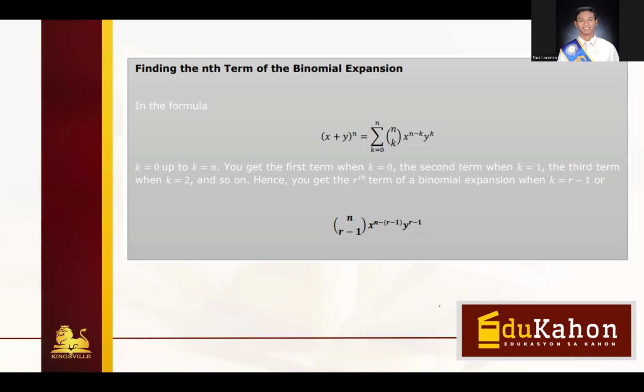K is equal to 1, that is your second term. And k is equal to 2, that is your third term. So we need to subtract it by 1 to help us give the exact value for your binomial theorem, or the terms for your binomial.